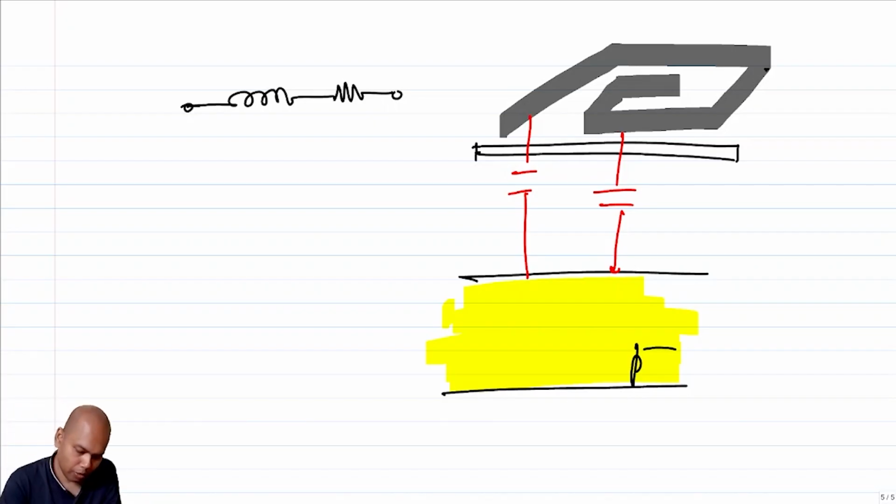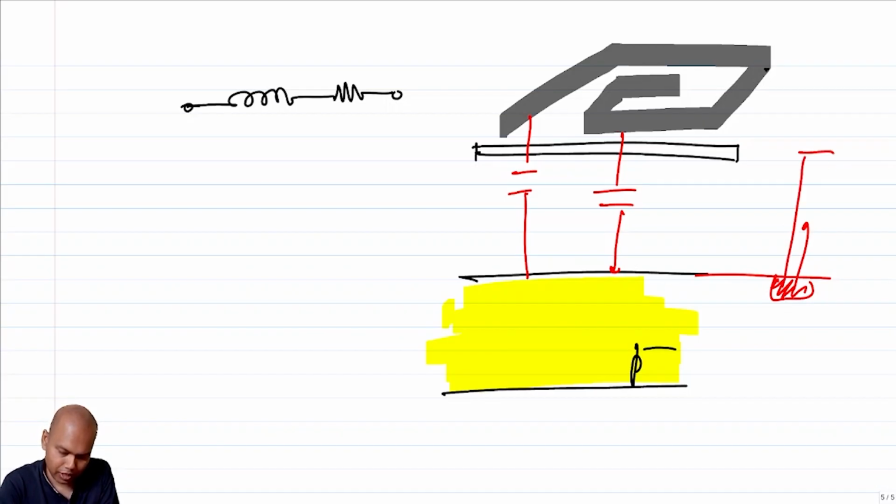And to top it off, I know that the substrate is p-type, which means that ultimately the substrate is grounded, right? So how is the substrate grounded? The substrate will probably have a contact here, and you'll have some sort of vias which will go all the way up through multiple metal layers, and it will effectively be grounded.